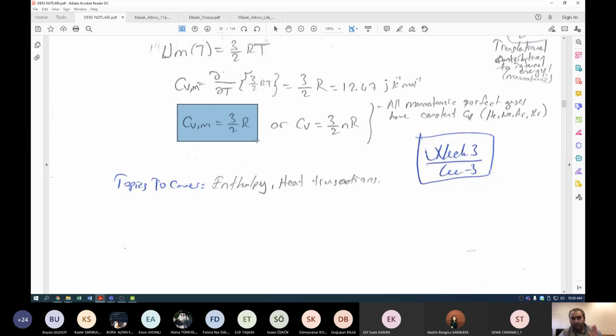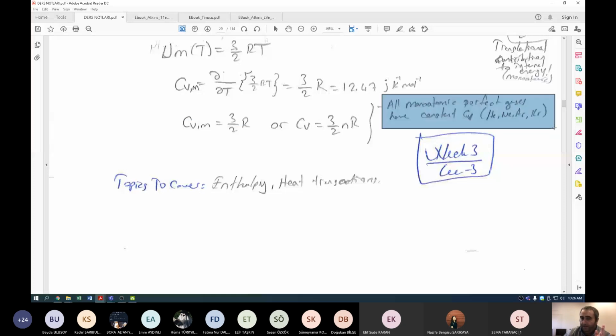So if I know Cv, I can easily get Cp too, because there is 1 more R I will add, and 5/2 R I will get. But this is for monoatomic perfect gases. And what does that mean?